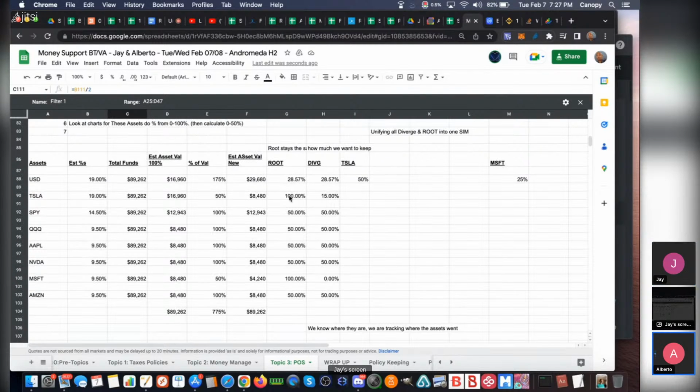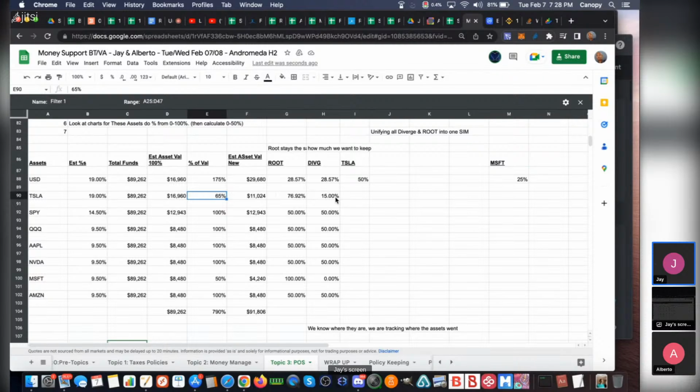Okay. Because it's 15%, you're going to end up with a total percentage value of 50 plus 15, which is 65%. So I changed the percentage of value from 50% to 65% because we sold, in this case, 35%.